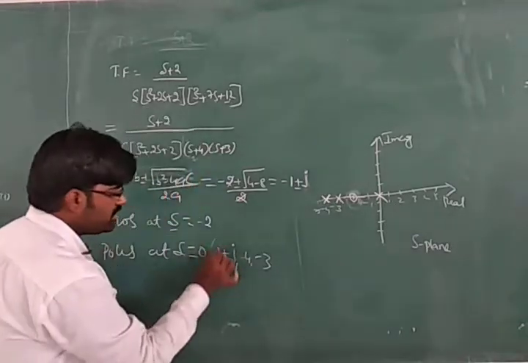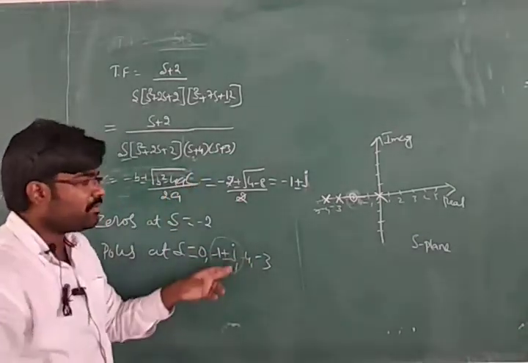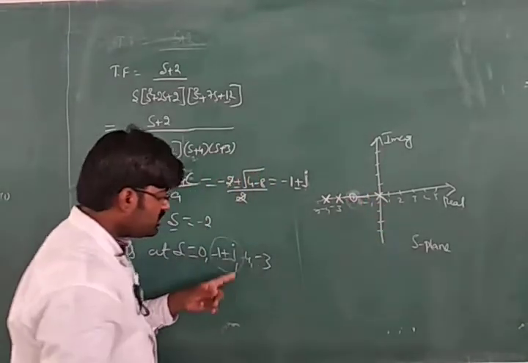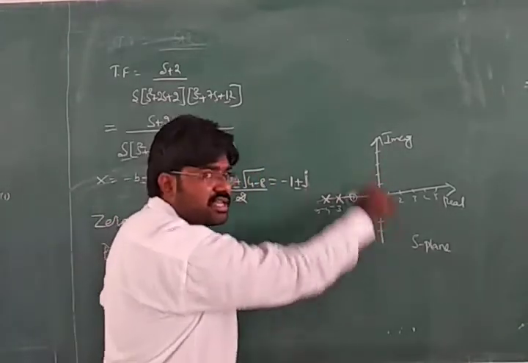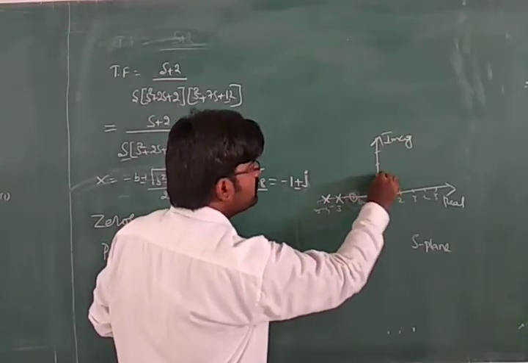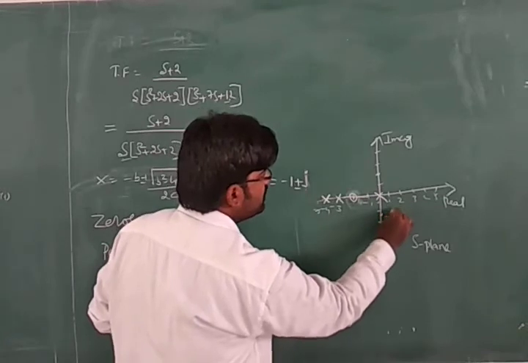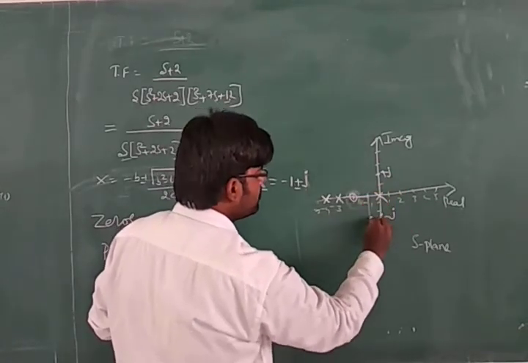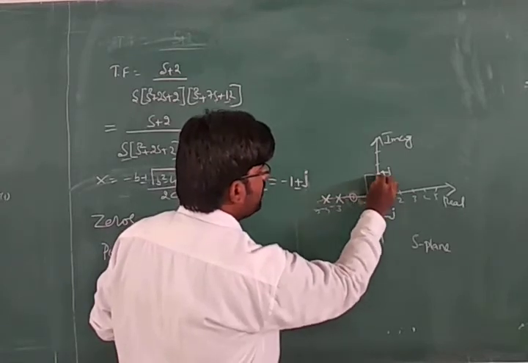Now how to represent this? This is also a pole. So minus 1 here, mark this, minus 1 plus j. So this is the imaginary axis. So plus j is here and minus j is here. Now you draw one line like this.